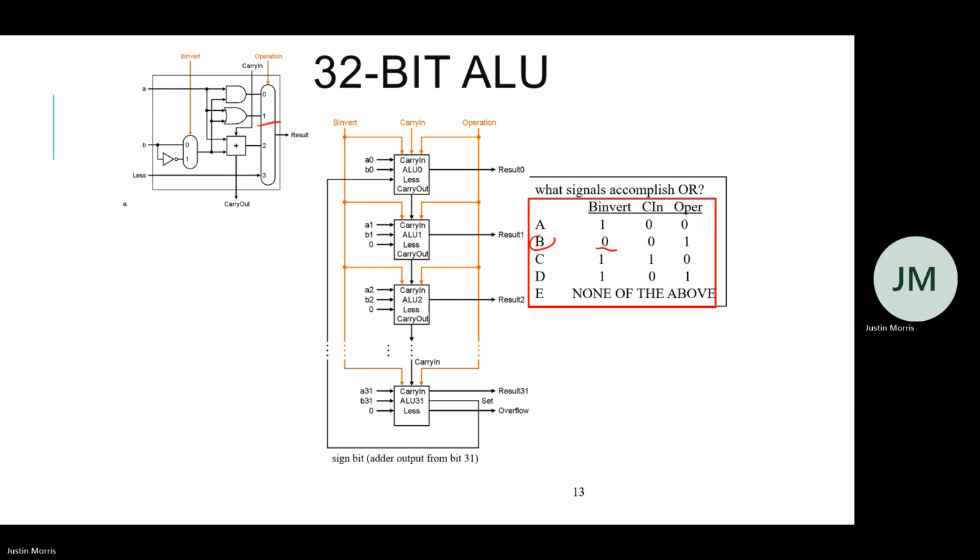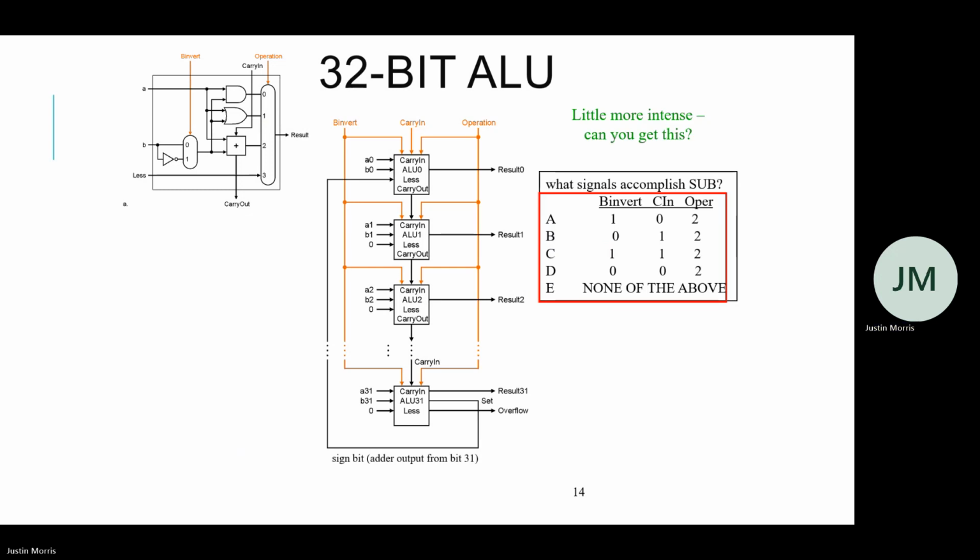So we like B. And now to do subtract, do we want to invert B? Yes. So B invert should be 1. And then to add 1, what does the carry in need to be? Yep. And then we take the output from the adder, so we need 2. So we like C here.